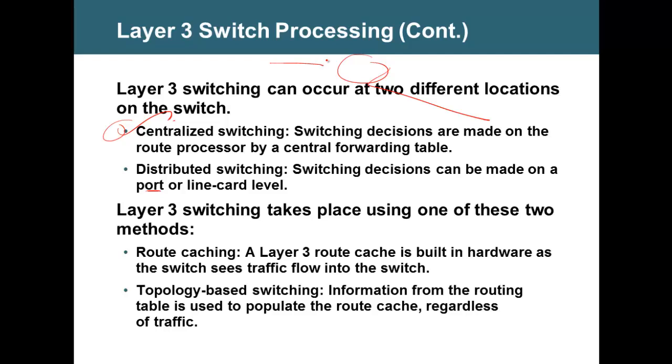A packet is coming, the routing table says go like this. Do you think all the packets will go? No. If your access list is blocking on the interface, it cannot go. So who controls there? The port. That is what is called a line card. Line card means the ports are arranged in a line card. So routing decisions happen, and layer 3 switching can occur at two different locations, centralized and distributed.